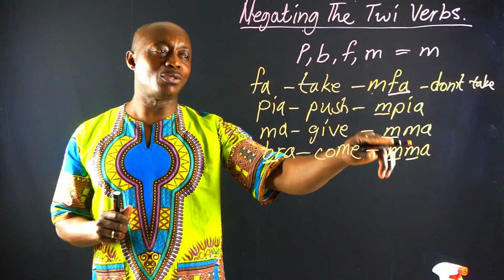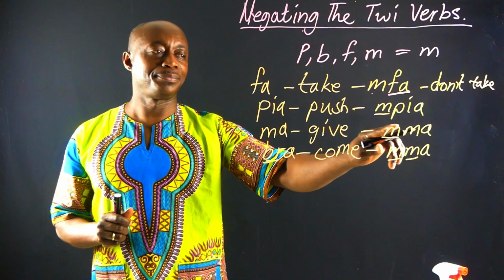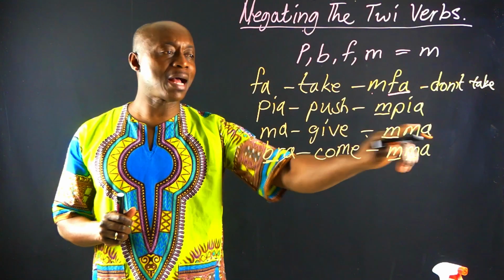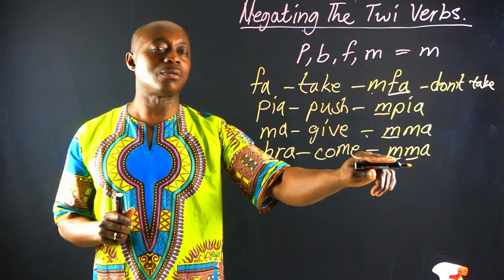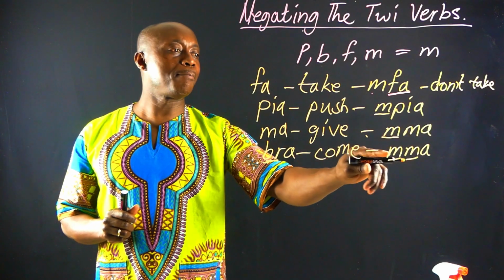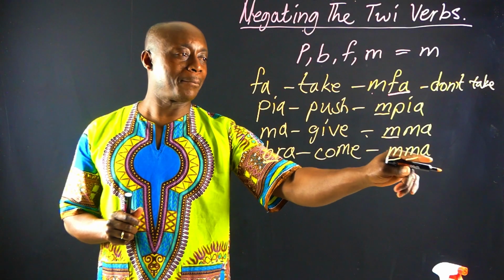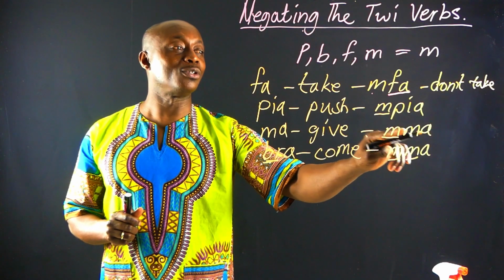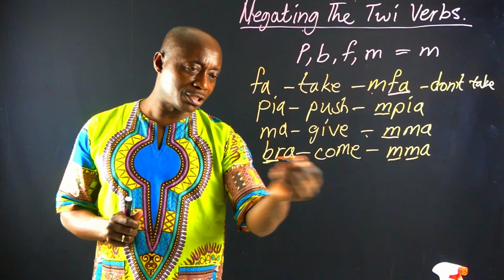Look at the difference between this and this. This is what? Mma. Do not give. But this one says what? Mma. Do not come. And this one is what? Do not give. Good. But we talk about it.